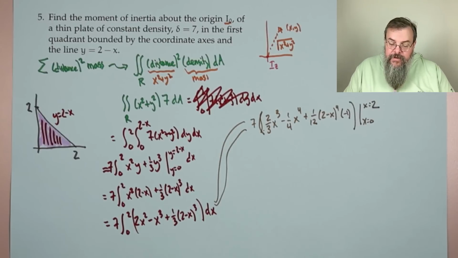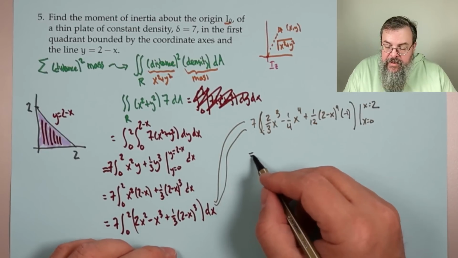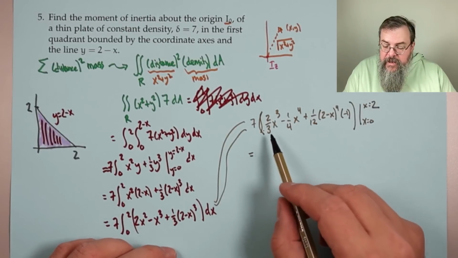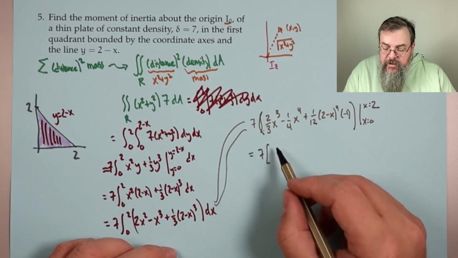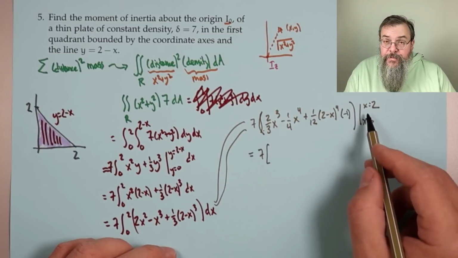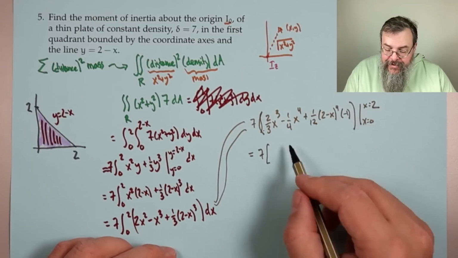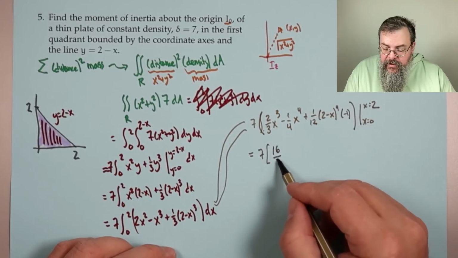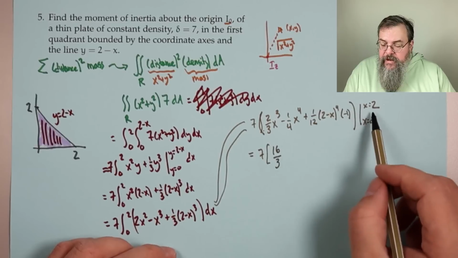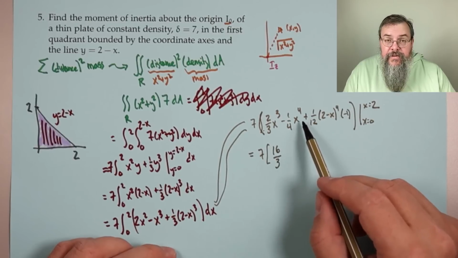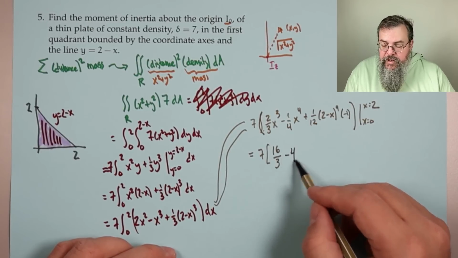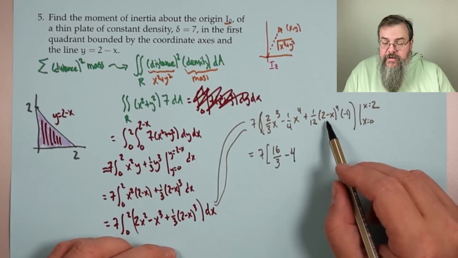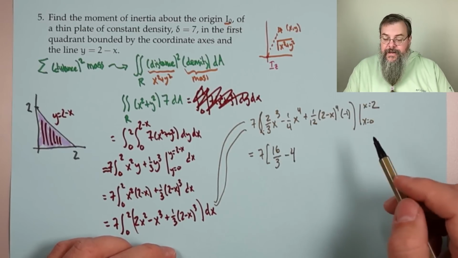All right. Well, that's what? Well, when you plug in 2, you get 7 times 2/3 times 2 cubed. 2 cubed is 8, so that'll become 16/3. Then you have 2 to the 4th is 16 over 4, minus 4. Then you plug in 2, you get 0. Gone. Nice.